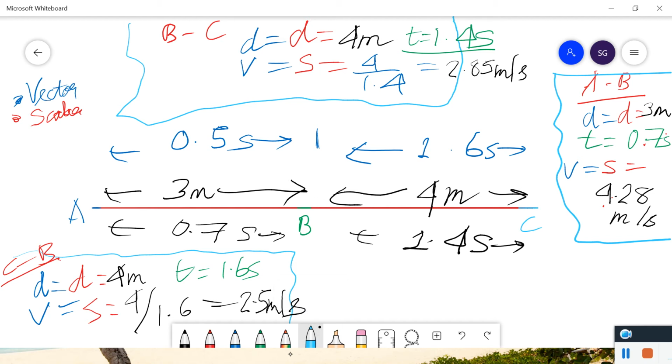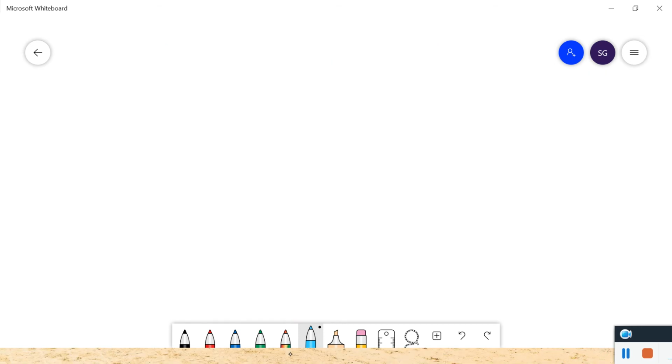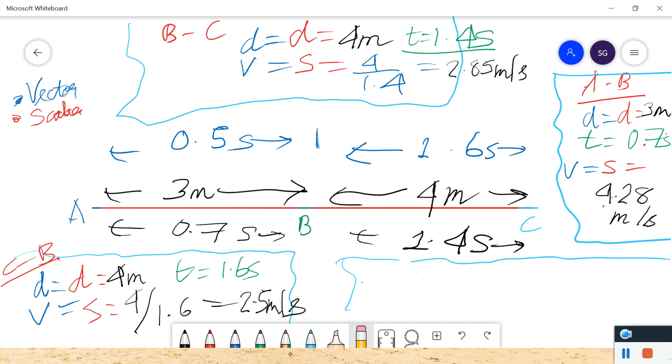Now let's do analysis of B to A. Distance is equal to displacement is equal to 3 meter and time is 0.5 seconds.